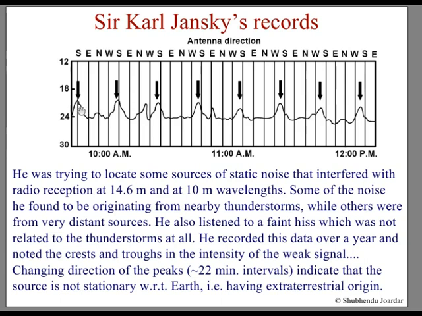Now when he located the direction of this, he found that the direction was changing. So what he says is, changing direction of peaks at about 22 minute intervals indicates that the source is not stationary with respect to Earth, which means the source is of some other origin, that is extraterrestrial origin or whatever it is, but it is definitely not from Earth, because he was not able to find its direction.